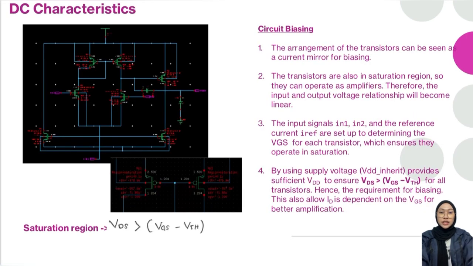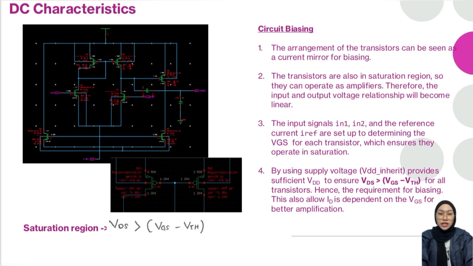This slide focuses on the DC characteristics of the circuit and its biasing requirements. The circuit employs a current mirror configuration for biasing, ensuring stable operation. The transistors are designed to operate in the saturation region, allowing them to function as amplifiers with a linear input-output voltage relationship.